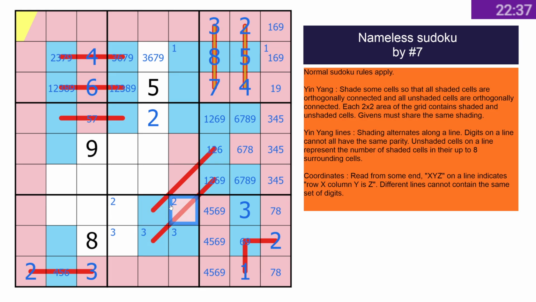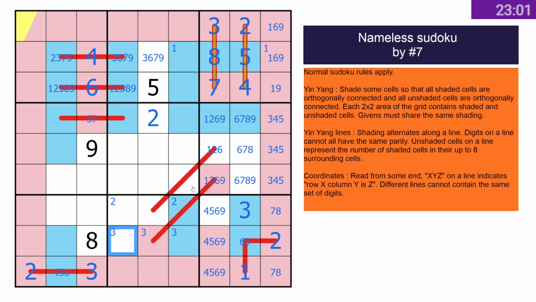This cell here would be 4 or 5, because I'm saying the unshaded cells represent the number of shaded cells surrounding, up to 8. Isn't it always the case though? And if that's pink, pink, blue, is this setup ever allowed?